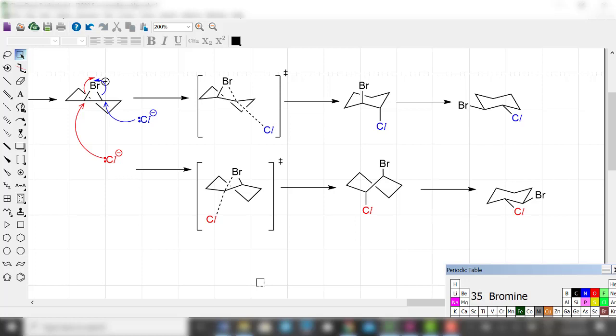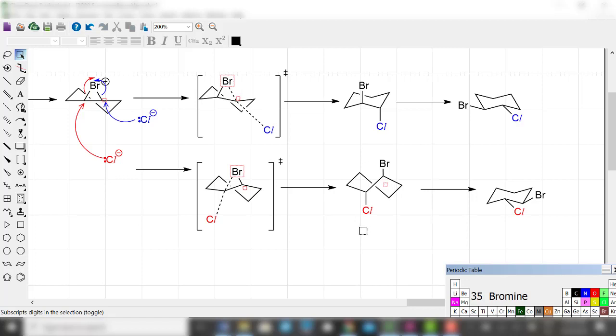So in fact one is a lot more unstable than the other. You get a twisted boat transition state versus a chair-like transition state. So although you have a developing axial bond forming, a pseudo-axial bond forming, and in this case it's also a developing pseudo-axial bond forming, either way, I won't say it's as bad, but it's equally having the pseudo-axial bond about to form at the same time.